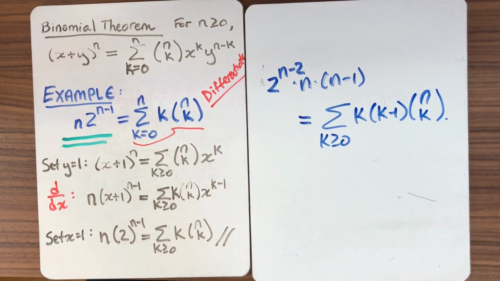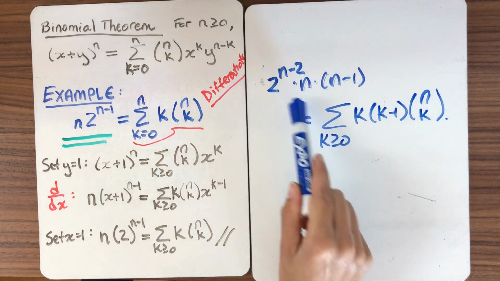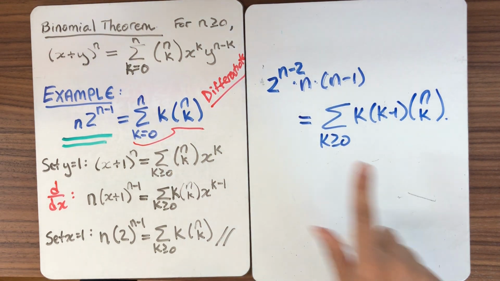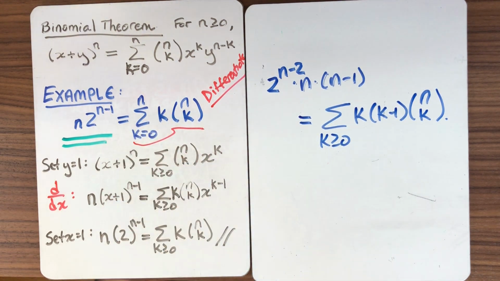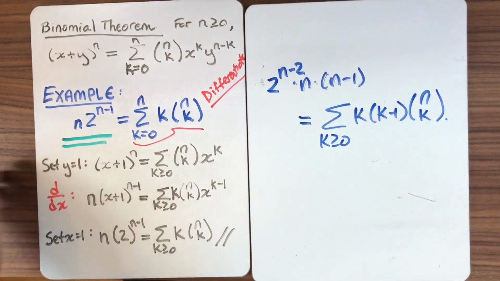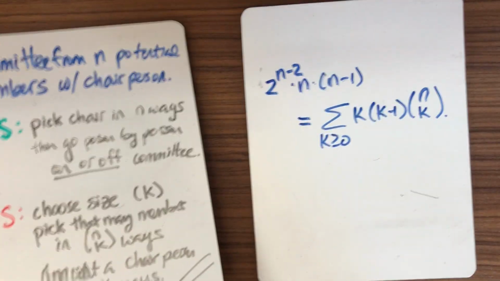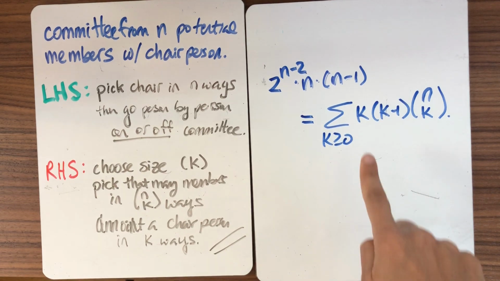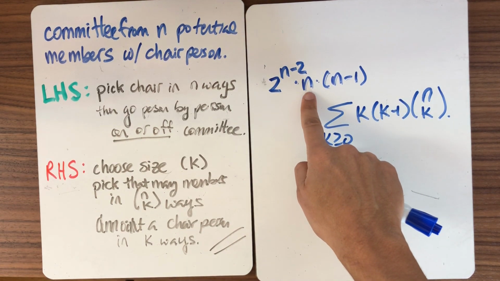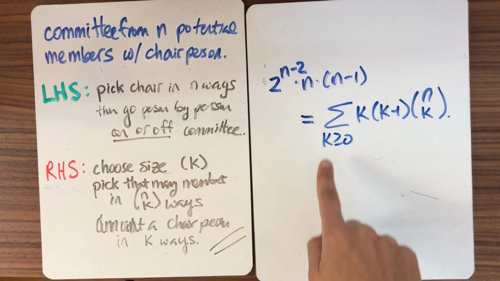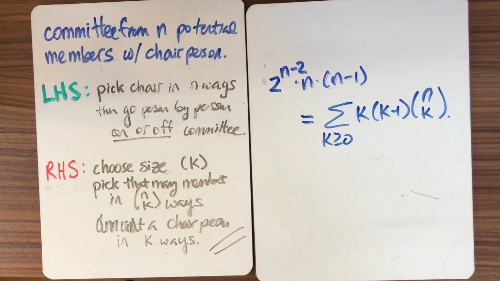You can see that what's happened here is I've differentiated twice. So if you want to apply the same technique of differentiation, you can. On the other hand, if you'd like to apply this sort of argument to it, then what's happened is I've picked a president and a vice president. So you can test your understanding by working this example, which is just slightly more involved, and try it in both ways.